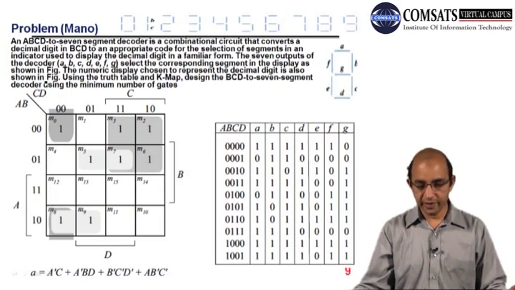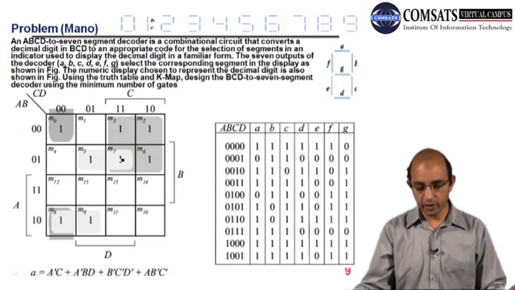So we have different segments A, B, C, D, E, F, G, and we have to display different numbers. So if you look at the truth table, this is the binary equivalent, right? So if we have to display 0, we need A, B, C, D, E, F, and there is no G.